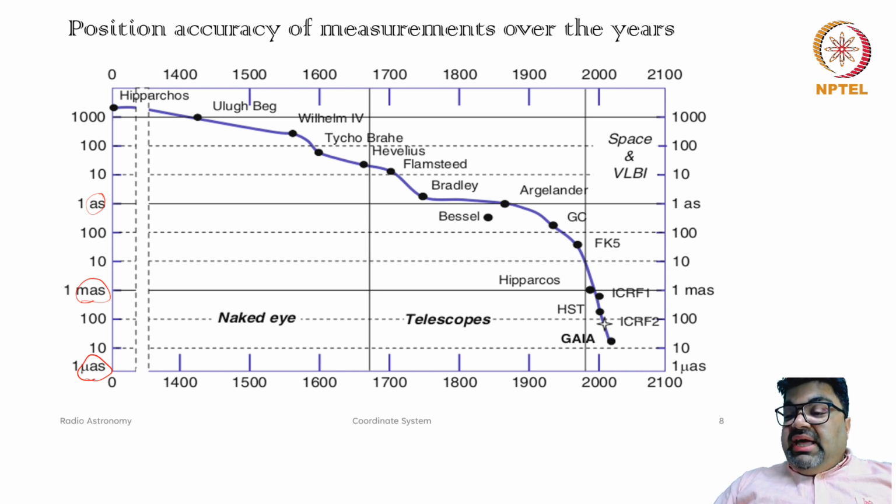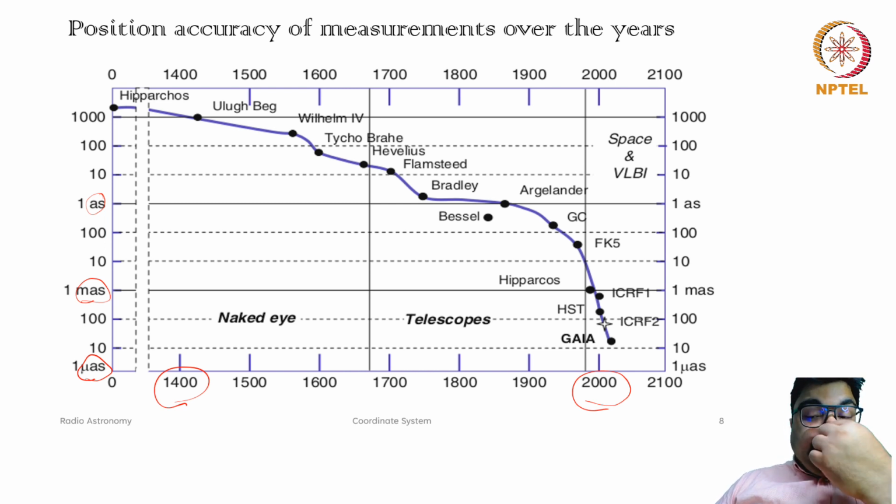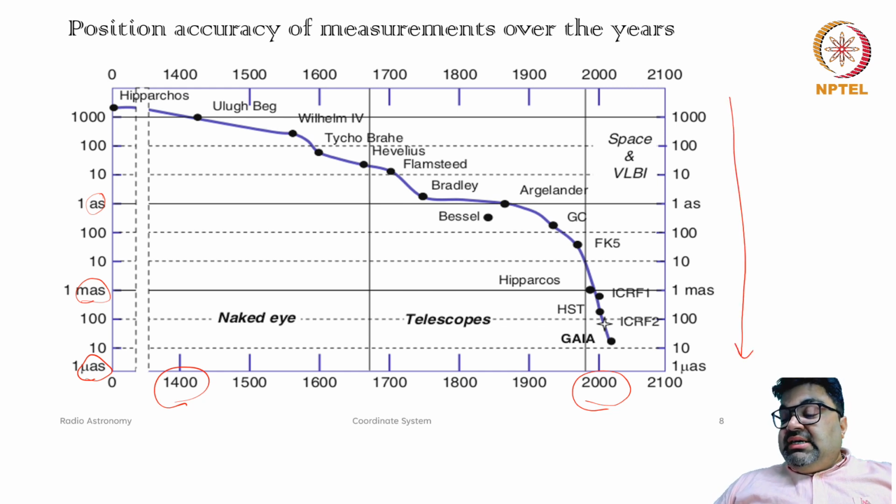So if you see, as we go from 1400 AD to 2000 AD, this entire thing has come down from thousands of arc seconds, which is kind of a few degrees, down to a few micro arc seconds. So that's a huge amount of precision which has increased over the years, over centuries, right? That's quite commendable.